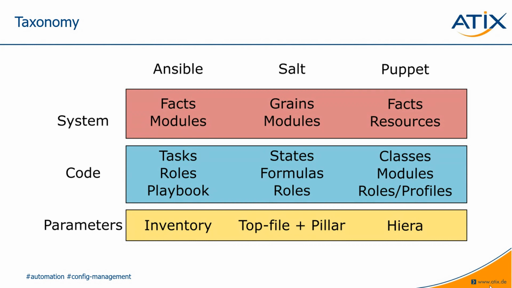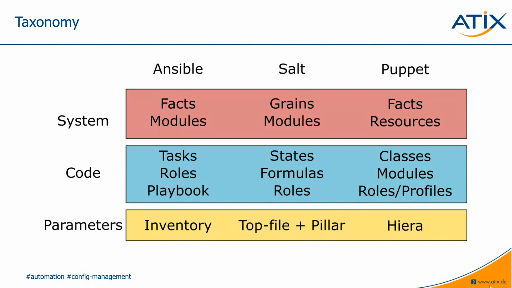And this works similar to Puppet if I use the agent. So my agent gives back, I'm this host and I belong to the group web services, something like that. And together with the top file and the pillar, Salt can combine it to a configuration.